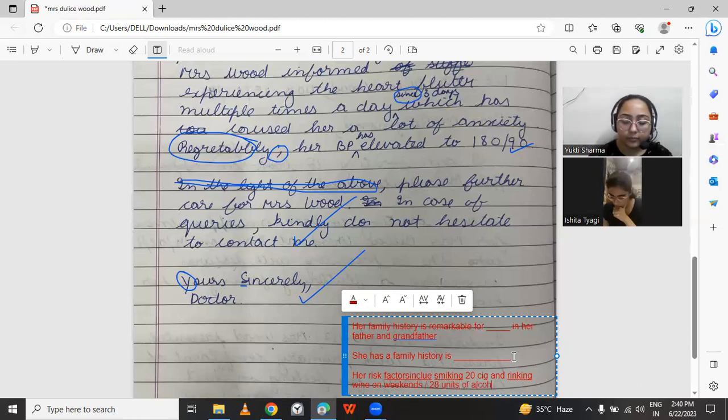Because it's relevant, we have to specify that these are the risk factors.